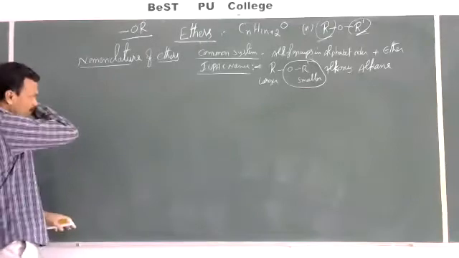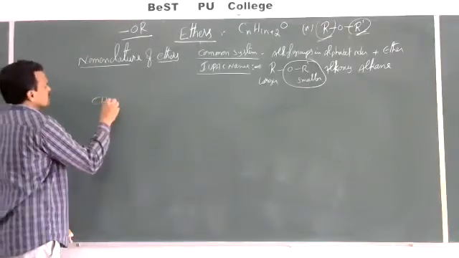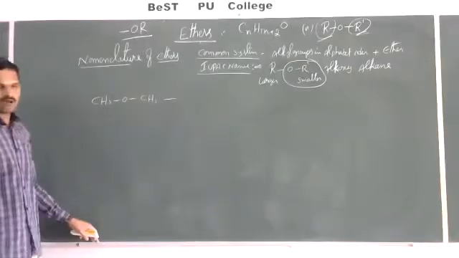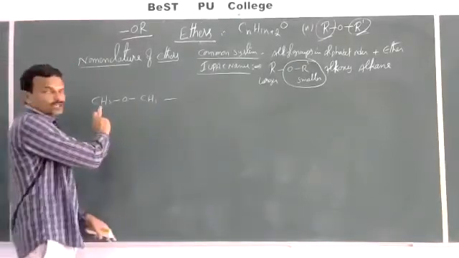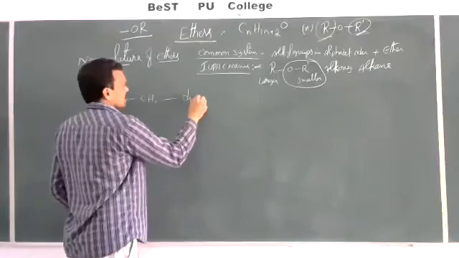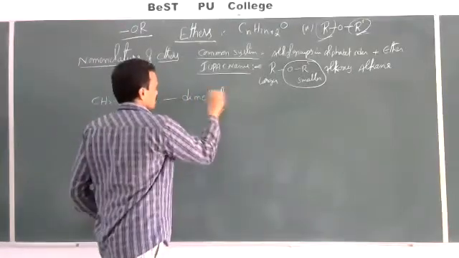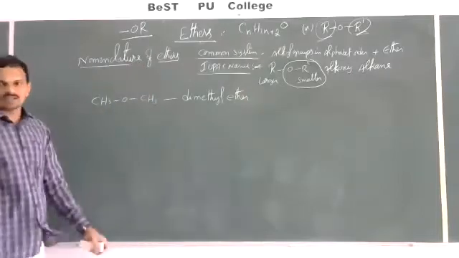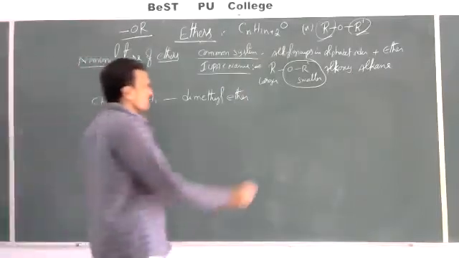Now let us see some examples. CH3OCH3. What is the common name here? Two methyl groups are there, so this is named as dimethyl ether. Dimethyl ether is the common name. Then what is its IUPAC name?